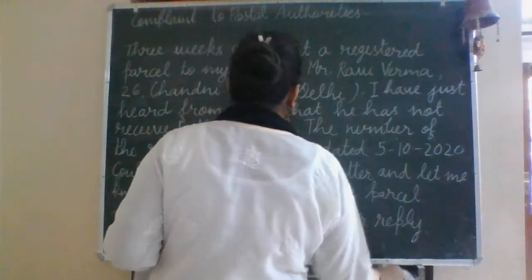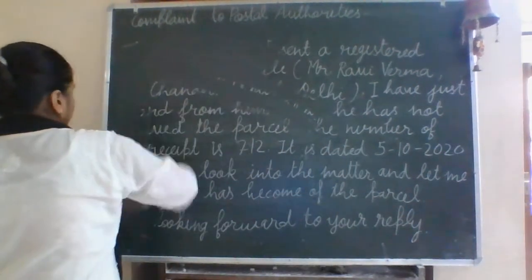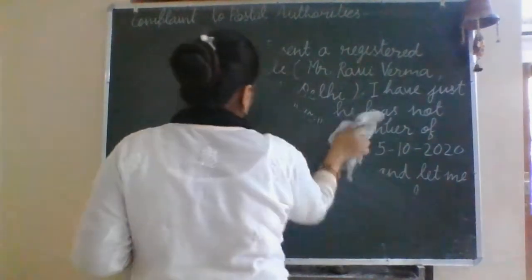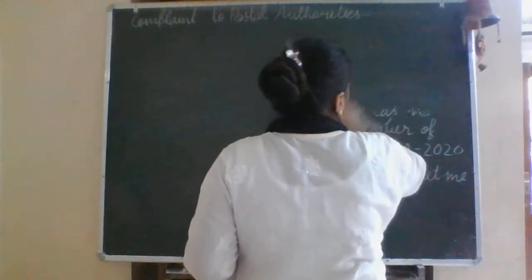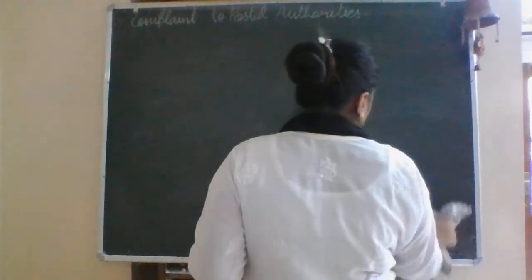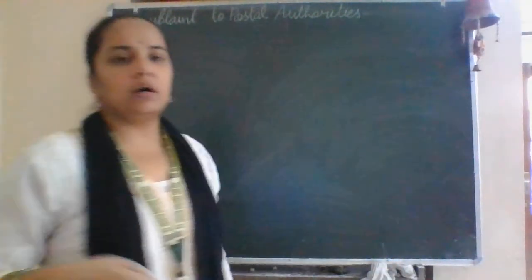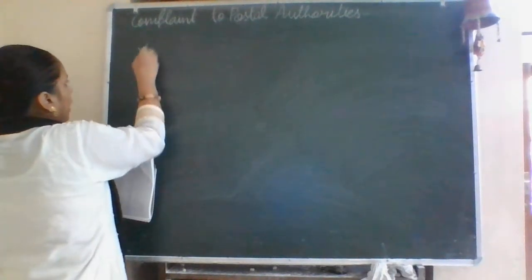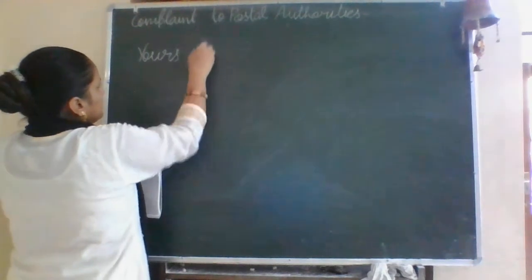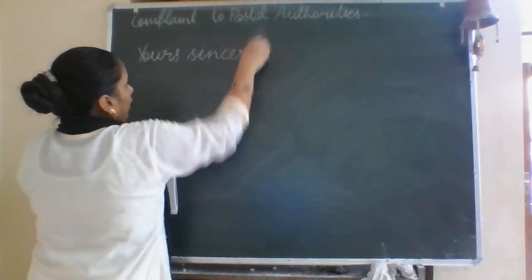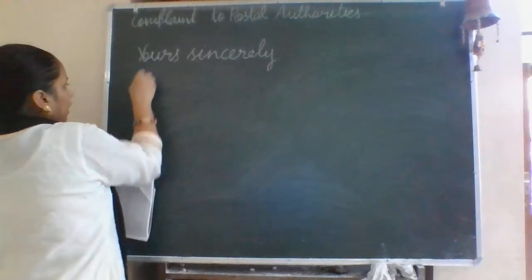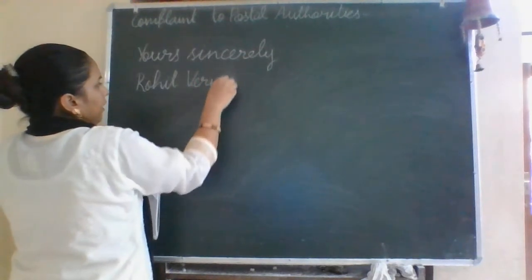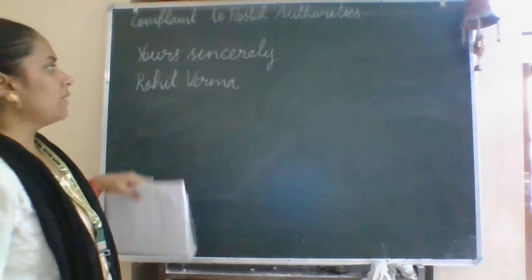Now after the body you will write the ending or closing of the letter, and for that, like in the informal letter we used to write yours lovingly or with love, here we will write yours sincerely, then the name and the signature.